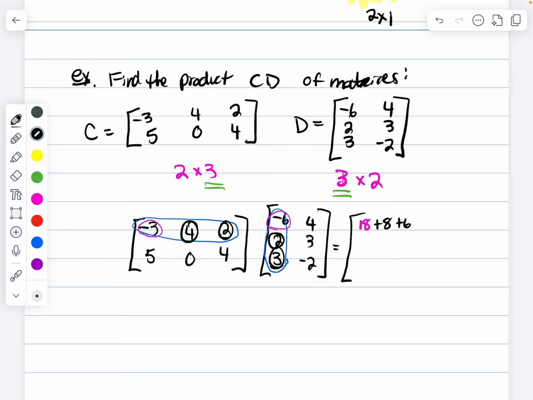Now we can take this first row here times the second column. So that'll be negative 3 times 4, which we know to be negative 12, plus 4 times 3, which is positive 12, plus 2 times negative 2, which is negative 4.